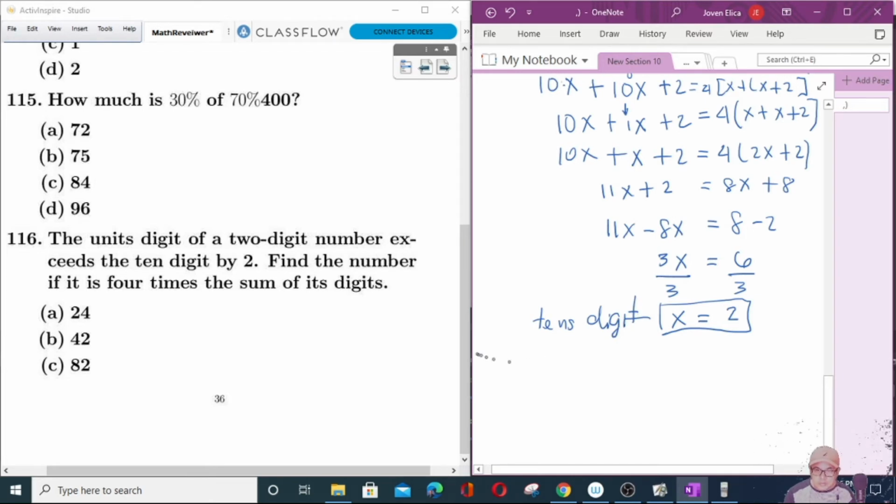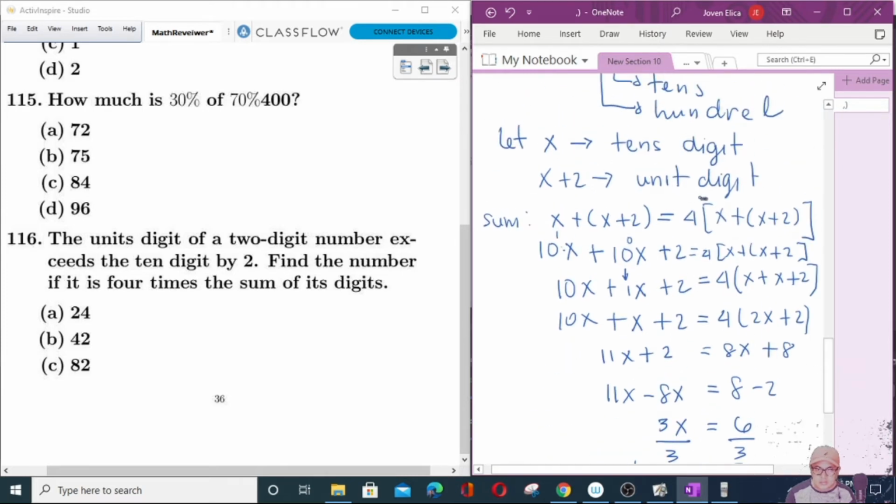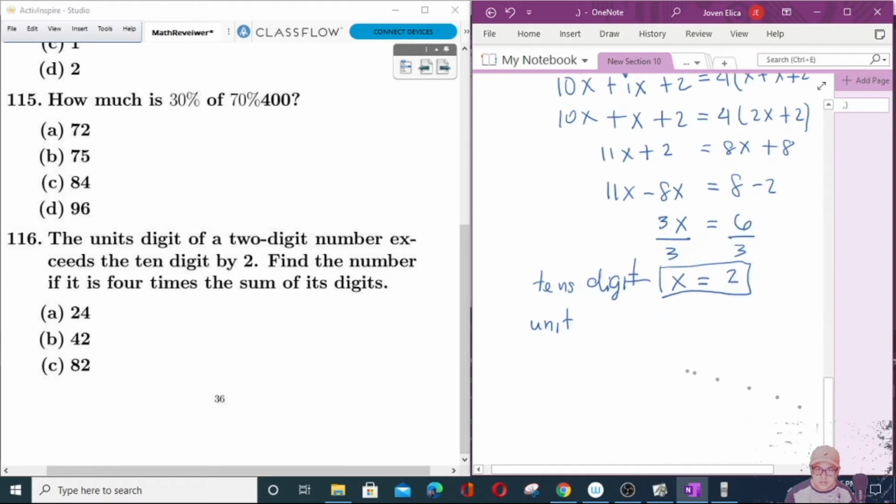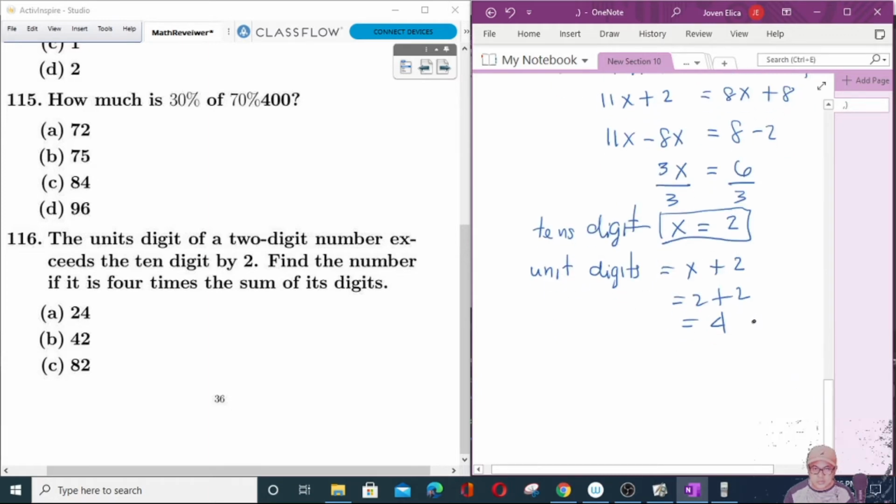So therefore the unit digit is x plus 2, which is 2 plus 2 is equal to 4. So this is the unit digit.